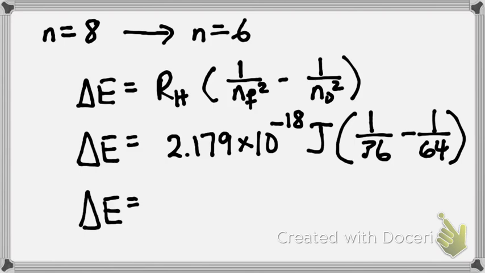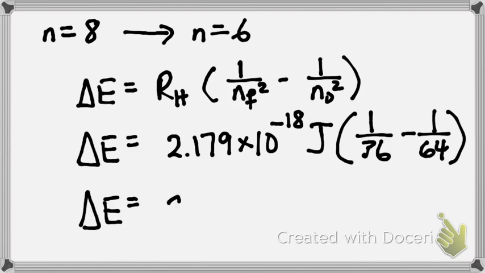I'm going to subtract from that, in parentheses, 1 divided by 64, end parentheses, hit the enter button, times, in parentheses, 2.179 second E to the minus 18, enter.